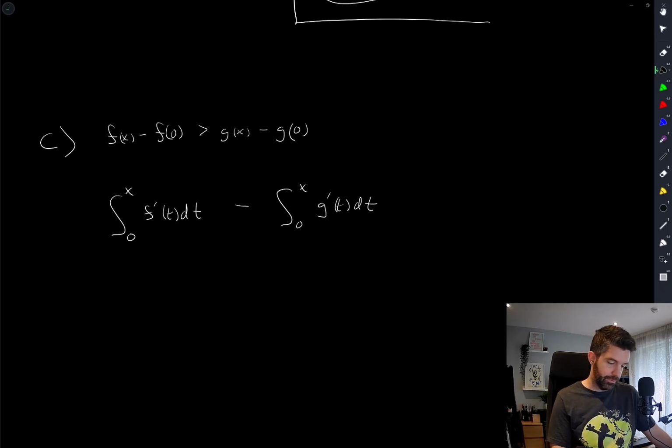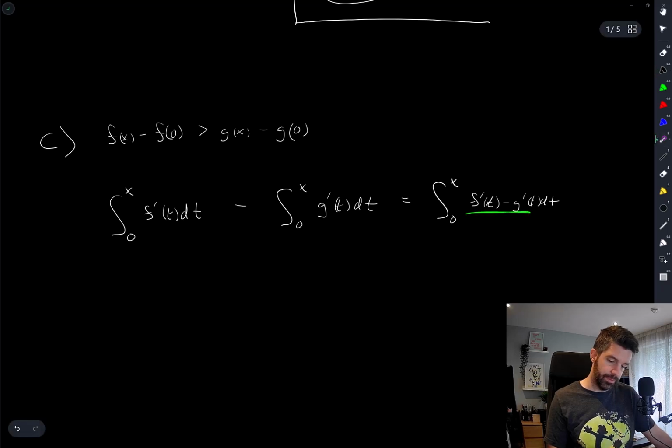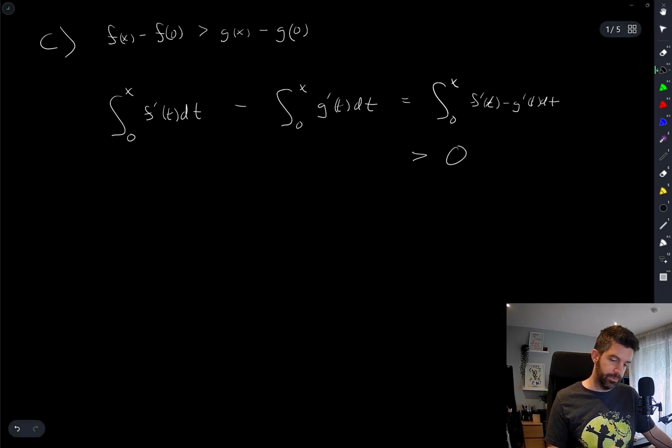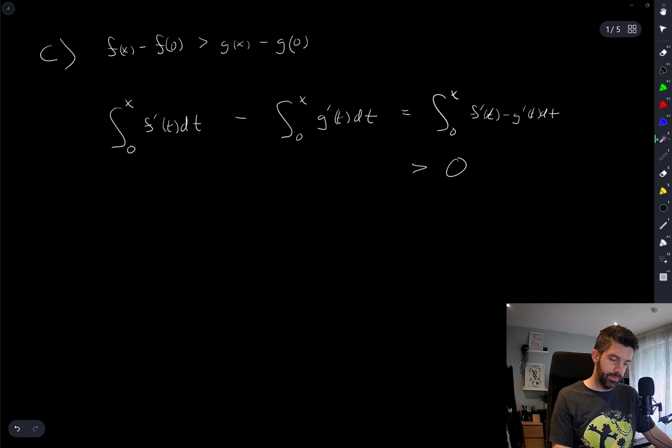If I take a difference of these, this is equal to the integral from 0 to x of f prime t minus g prime t dt, and we're told that this thing is always positive. So this whole thing is strictly positive as long as x is strictly positive, and that's equivalent to this.